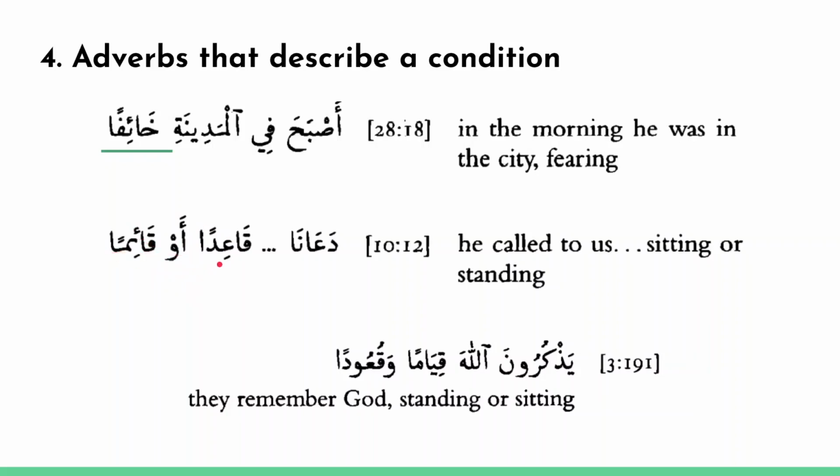And so we see the same adverbs appearing in plural form in a different verse. يَذْكُرُونَ اللَّهَ قِيَامًا وَقُعُودًا. They remember God standing or sitting. So here now standing, qiyaman, is the plural of qa'iman, because now the subject is also plural. يَذْكُرُونَ, they, plural. قُعُودًا, sitting, is the broken plural of qa'idan. So both of these are broken plurals, but they're in the mansub form, which is what's important here.